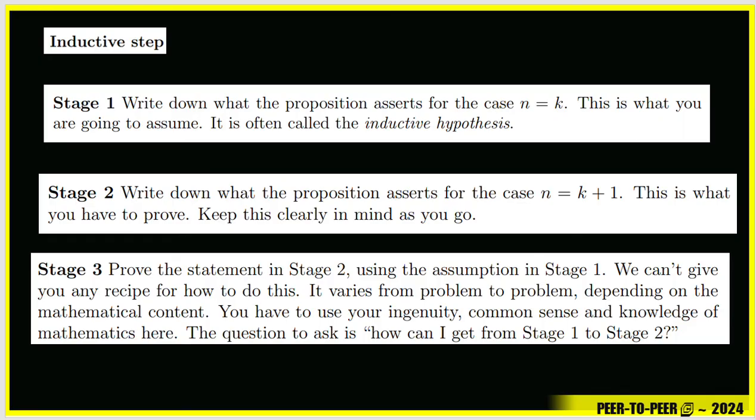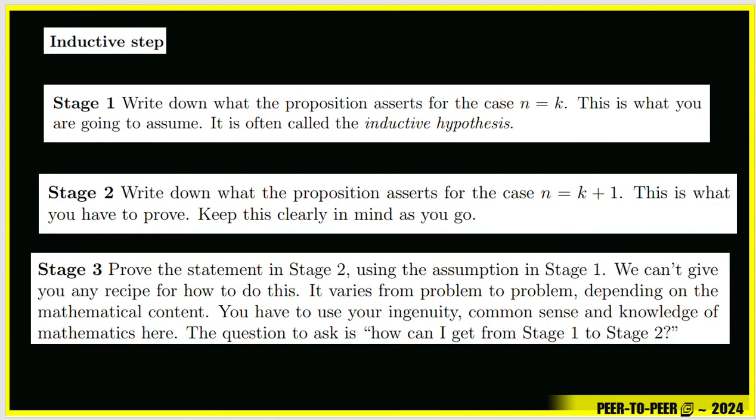It varies from problem to problem, depending on the mathematical content. You have to use your ingenuity, your common sense, and knowledge of mathematics here. The question to ask is, how can I get from stage 1 to stage 2? So you are going to use the inductive hypothesis to prove the case when n is equal to k plus 1.